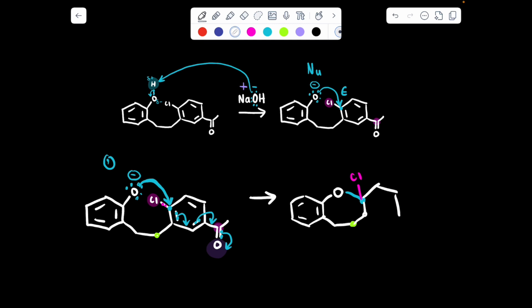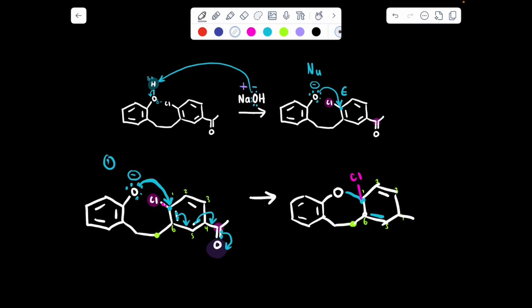Draw in the rest of the other benzene ring. Label those carbons. This is arbitrary, 1, 2, 3, 4, 5, 6, just so you can track where the electrons are going to go. So we see the head of an arrow is pointed in between atoms 6 and 5 via this labeling. So put a pi bond in between atoms 6 and 5. We see the pi bond in between atoms 2 and 3 did not move, so keep it there.